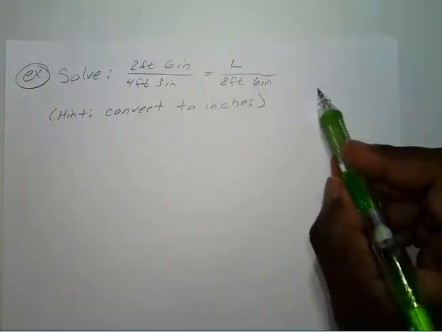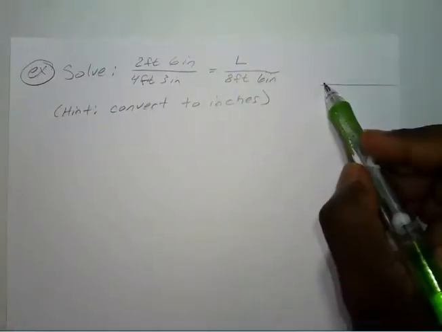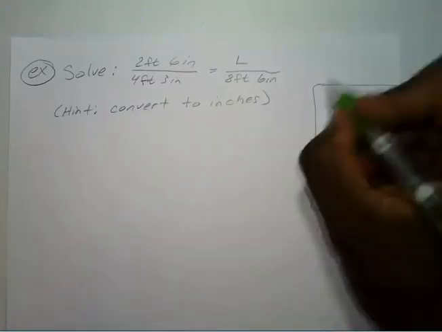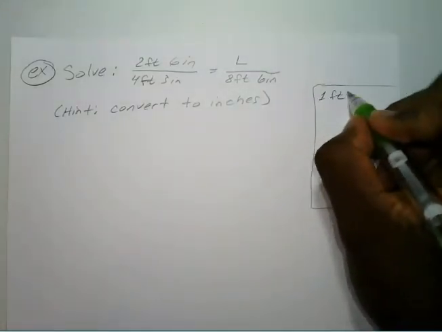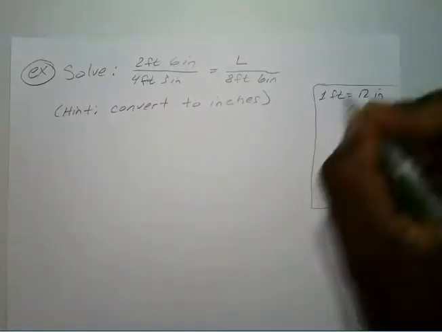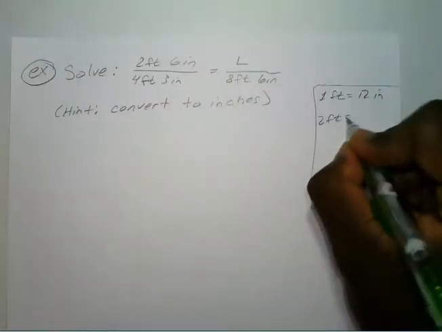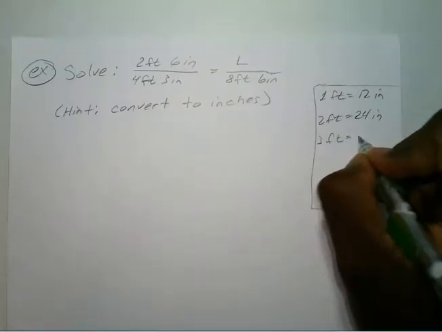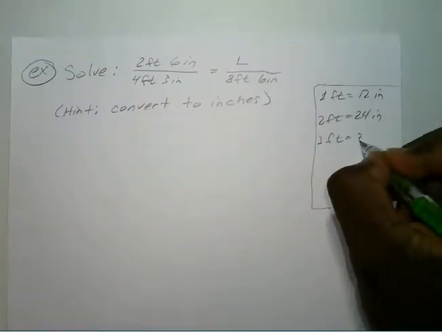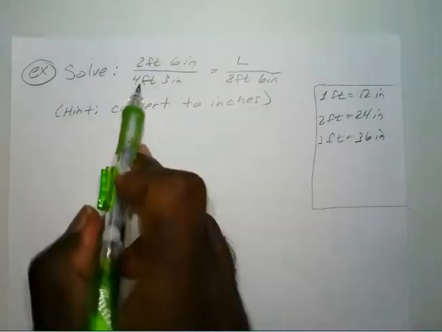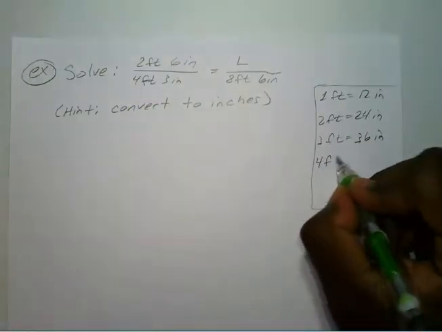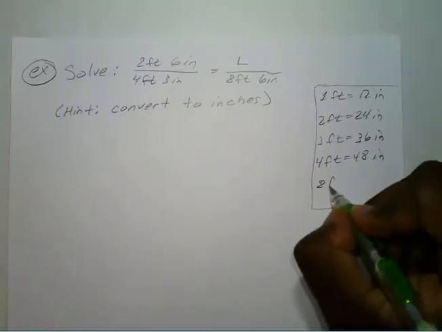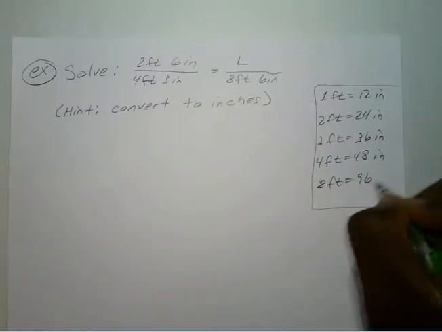I'll give you a little bit of a, I guess you say, cheat card. 1 foot is equal to 12 inches. 2 feet is equal to 24 inches. 3 feet is equal to 36 inches, and we'll just jump ahead to the 4 feet is equal to 48 inches, and 8 feet is equal to 96 inches.